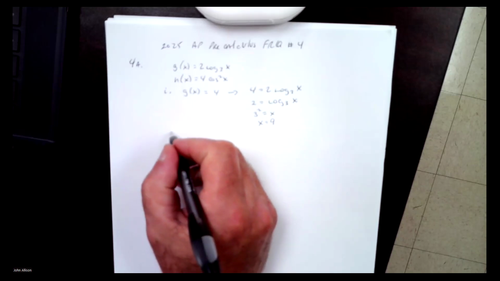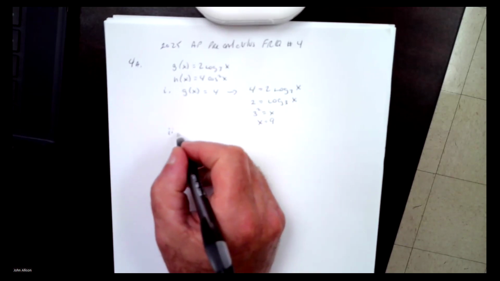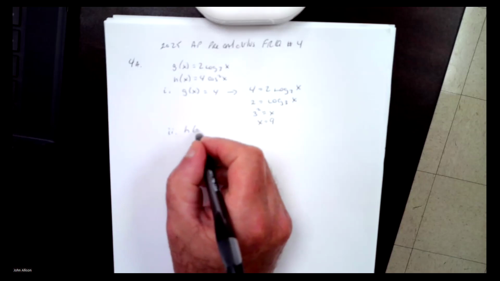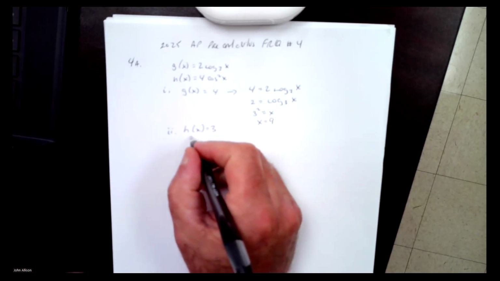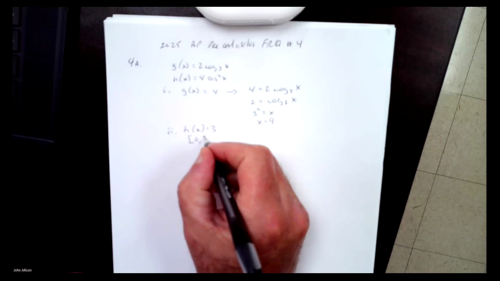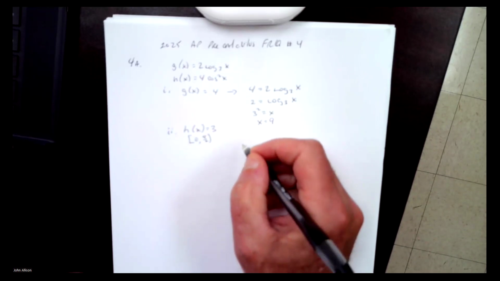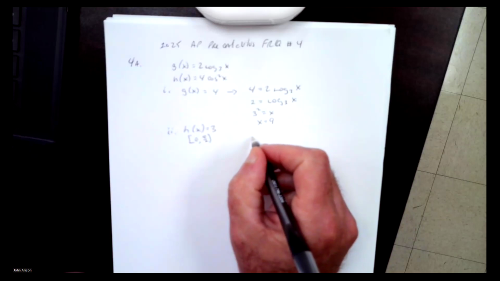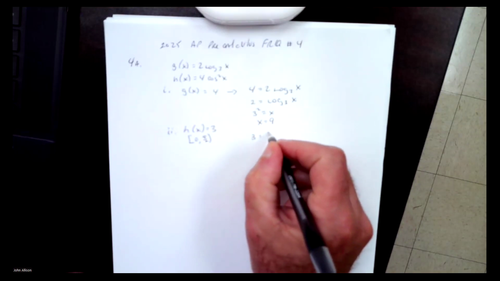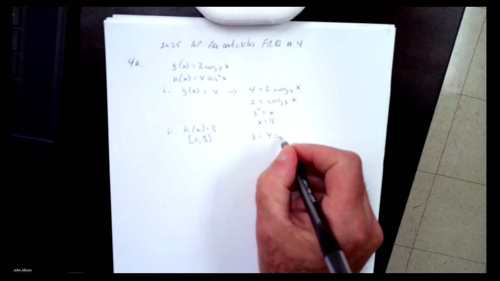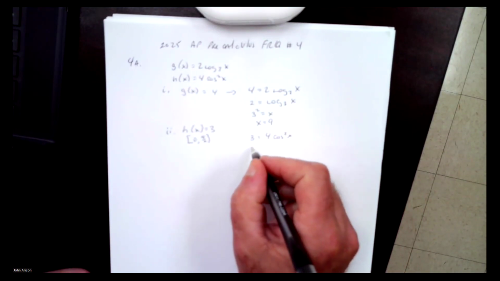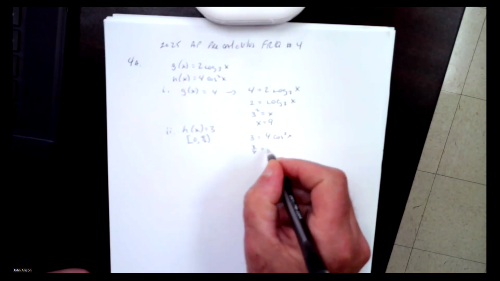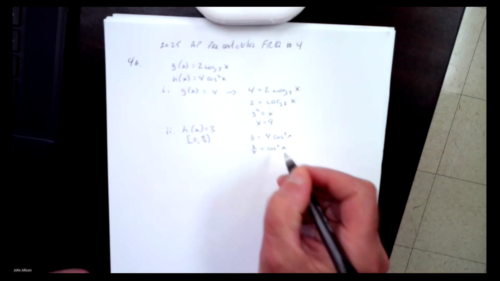Then part 2 says to solve h of x equals 3 in the interval from 0 to pi over 2. So we're going to say 3 equals 4 cosine squared x. We're going to divide by 4 and get 3/4 equals cosine squared x.